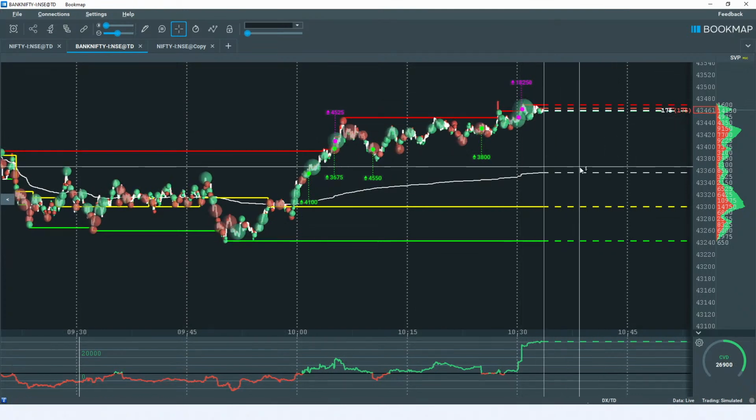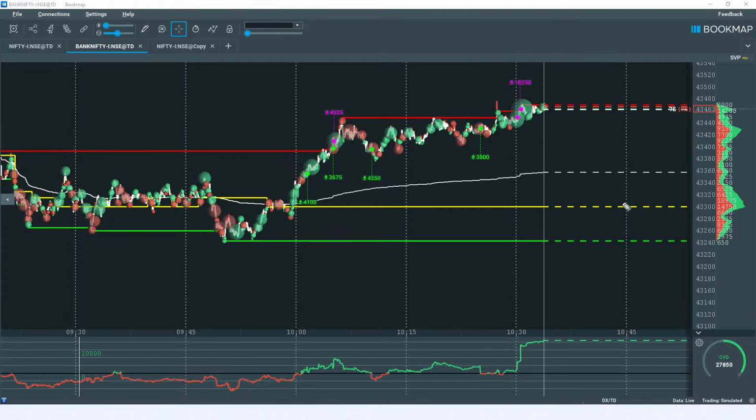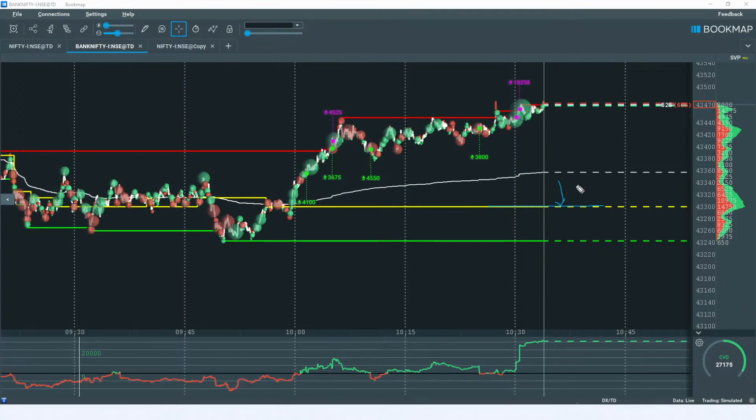This is also an important point: if you are looking to short here, as a hypothetical example, the immediate target would be the point of control, and we also monitor the price when it approaches the point of control. This is one of the critical points.